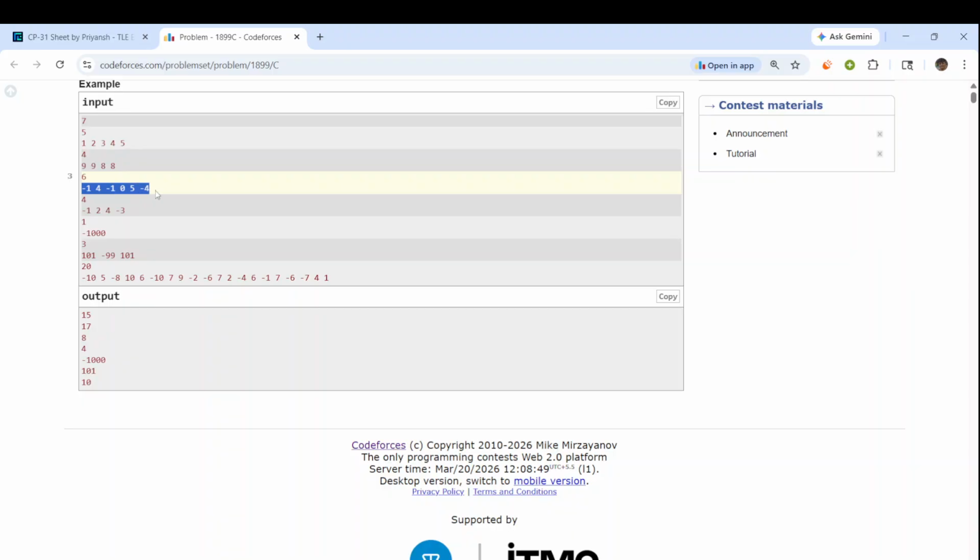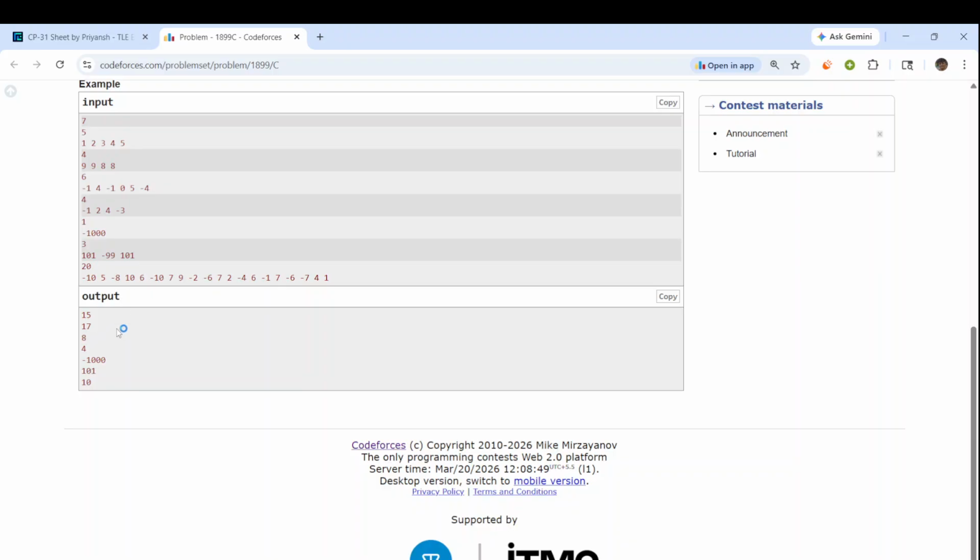But I think the sum is not the total because there are negative integers also, right? So I should choose some portion, because I need the maximum sum. I don't want to take this -4 because it will reduce my sum. I want my sum to be as maximum as possible. So I'll take this 5 and 0, this one, and this 4. I think this will give me the maximum answer: 4, 5, 9 minus 1, 8. Yes, 8. Okay, this is how it works.